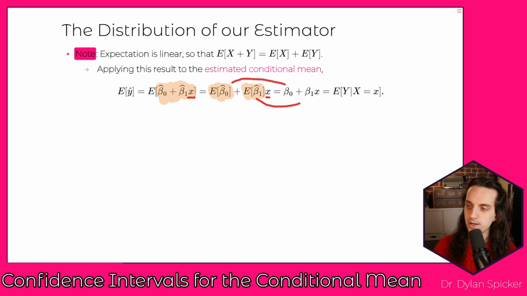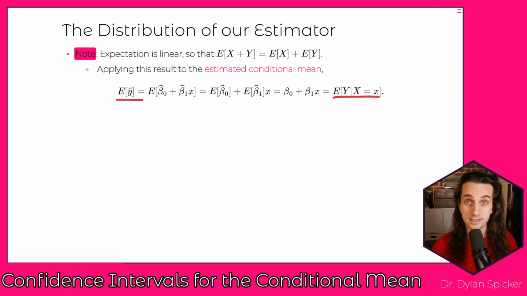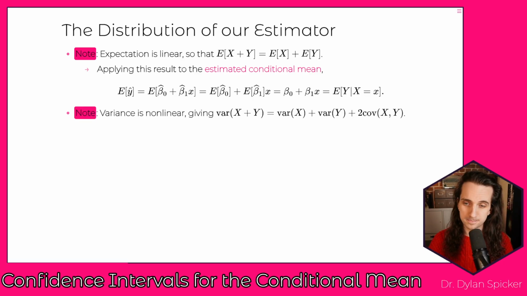The expected value of beta 1 hat is beta 1. They're both unbiased. And so now what we have is beta 0 plus beta 1 times little x. And that's exactly equal to the expected value of y given x equal to little x. So what we're saying is that the expected value of this estimator is exactly the true conditional expectation. So it is unbiased for the truth there.